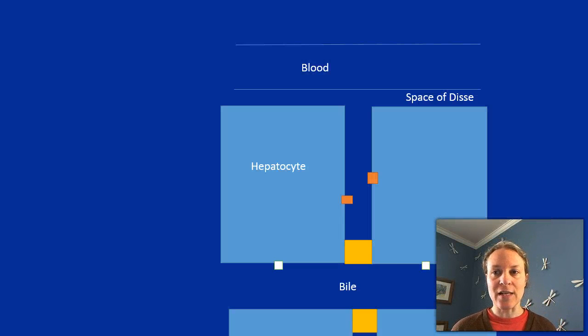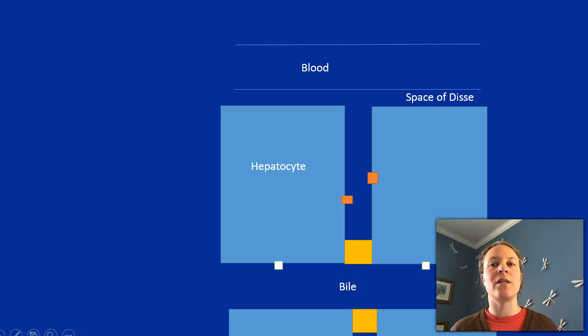Well, it turns out there's two possible options. One option is that when the pressure increases so much, the bile essentially busts through this tight junction here, and then works its way into the interstitial space and back into the blood.